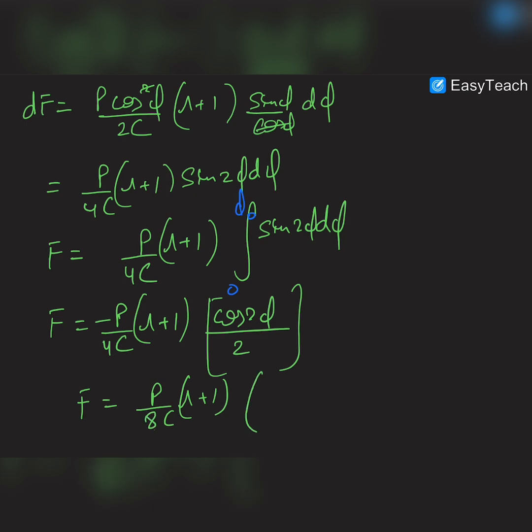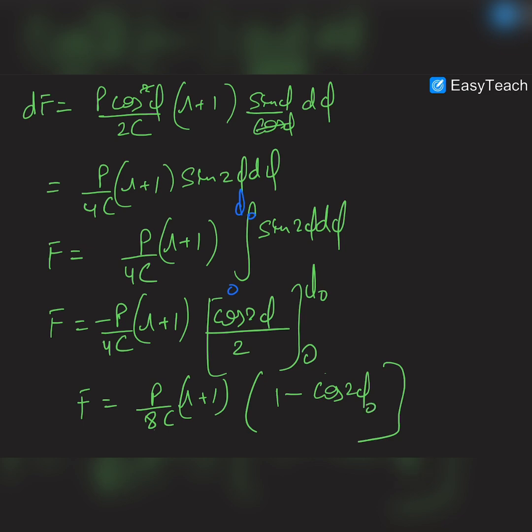So it would be 0 to phi naught, so it would be cos 2 phi naught minus 1, and in fact we have used that negative sign, so it would be equal to 1 minus cos 2 phi naught.